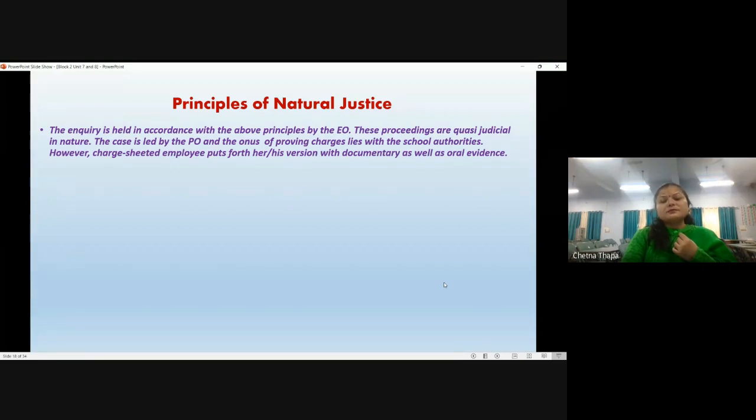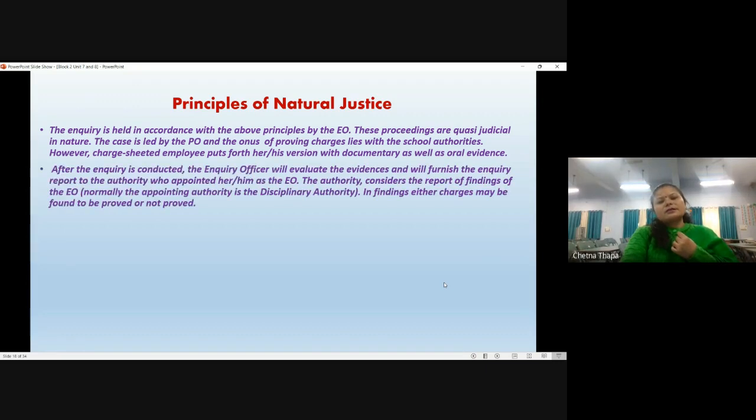If the case is led by the PO, the onus of proving charges lies with the school authorities. However, the charge sheeted employee can put his or her version with documentary as well as oral evidence, as we have discussed earlier also.